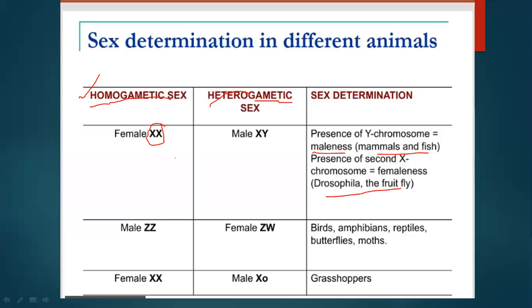So Drosophila and human beings are having almost the same sex determination, XX in the female and XY in the male.